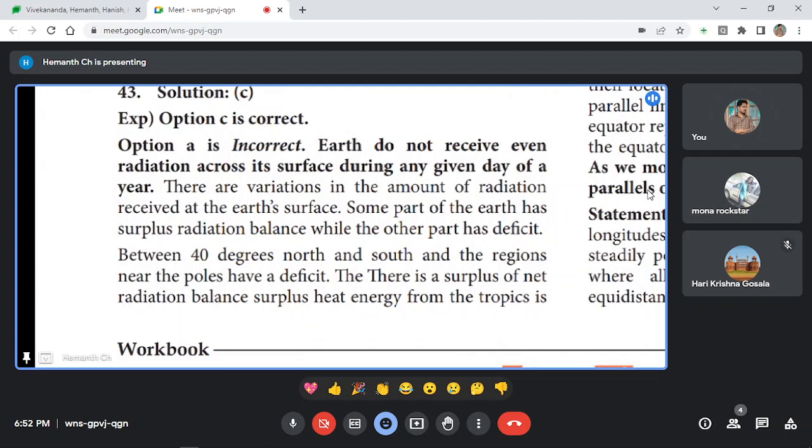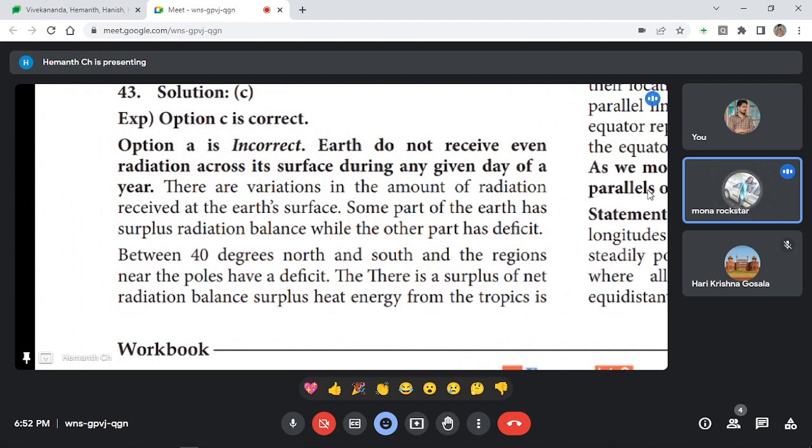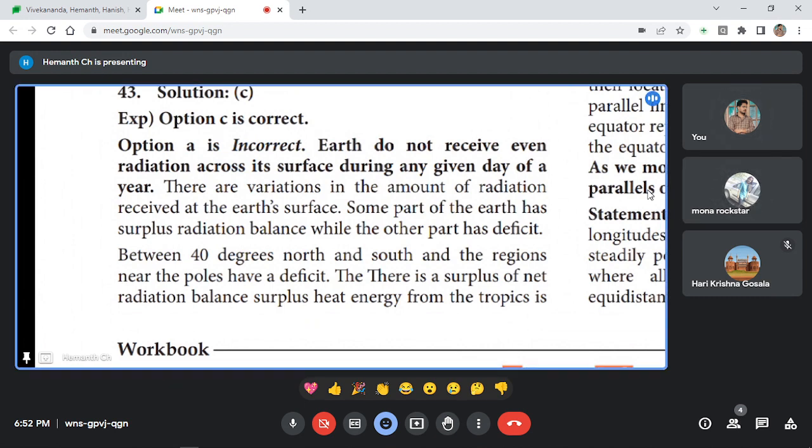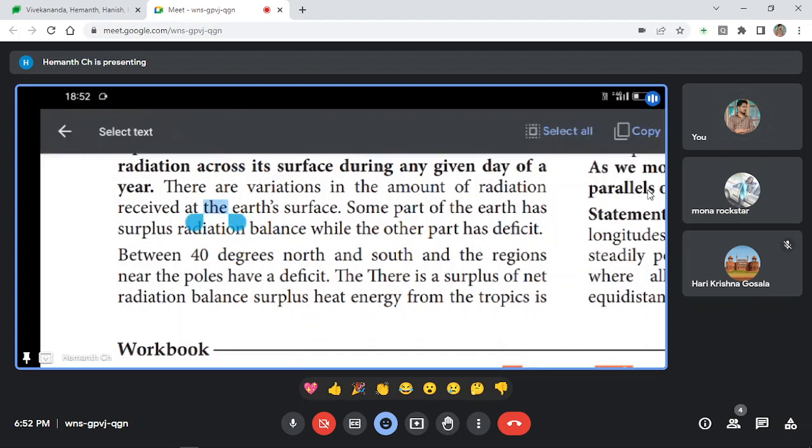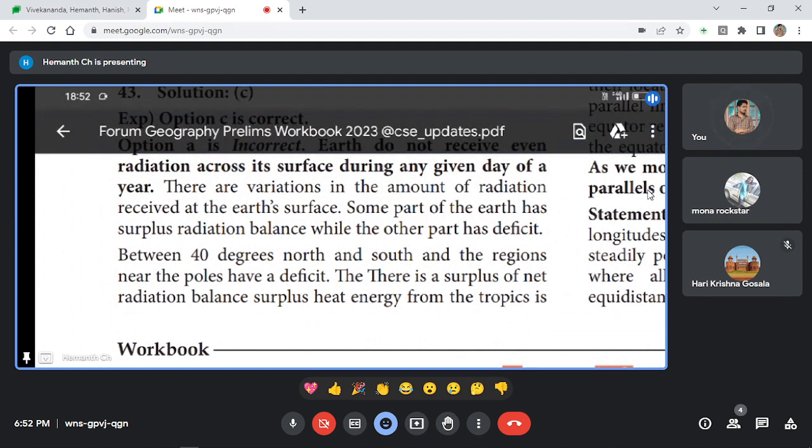There is variation in the amount of radiation received at the surface. Some parts of the Earth have a surplus, some are radiation balanced, while other parts have a deficit. Regions near the poles have a deficit.